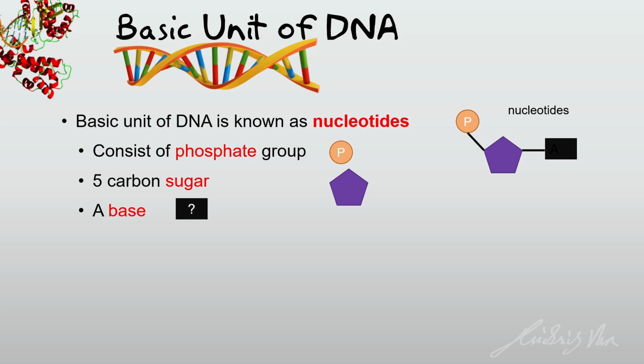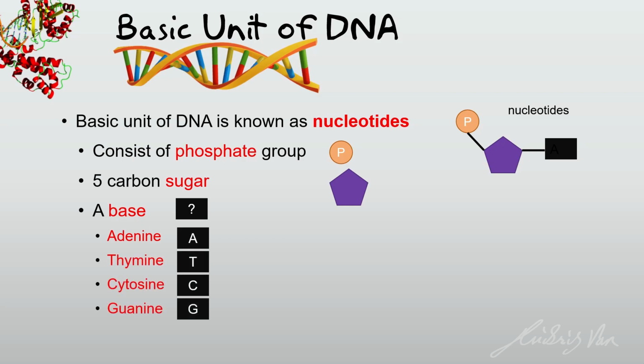Why do I put a question mark down there? Because there are 4 possible bases which the nucleotide can have. First, we have adenine, thymine, cytosine, as well as guanine. Those are the possible bases which your nucleotides can have.